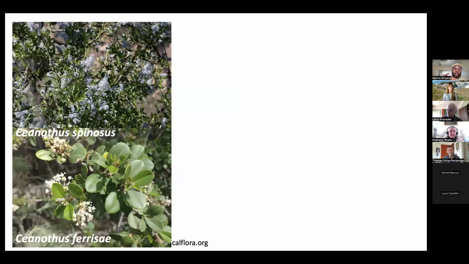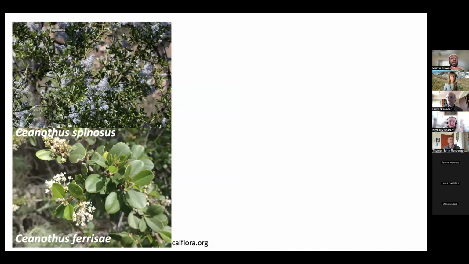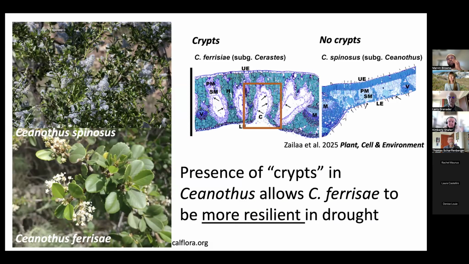So, for example, or at least another example of how these traits can vary even within relatively closely related species. This is two species of Ceanothus, California lilac, which are likely to be found in similar locations, but have differences in the structure of the leaf surface. On the right-hand side, at the top, you see two cross sections for both of these species.